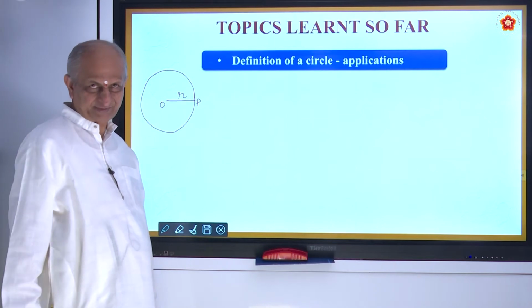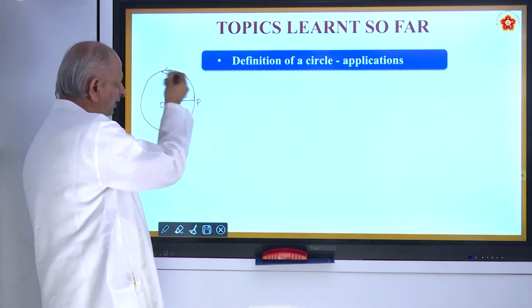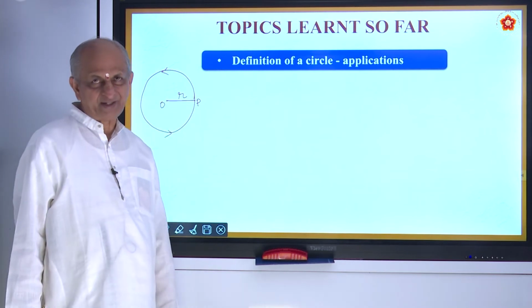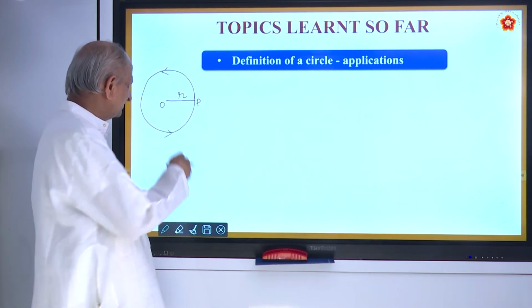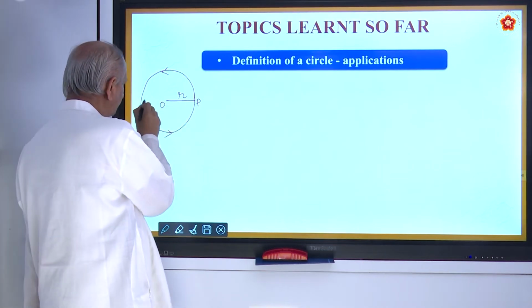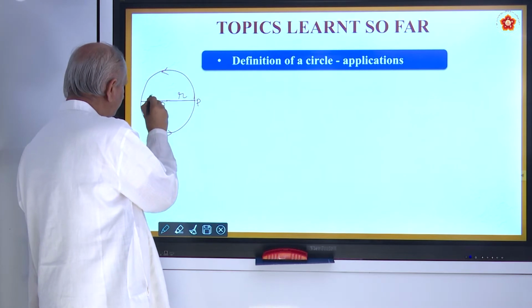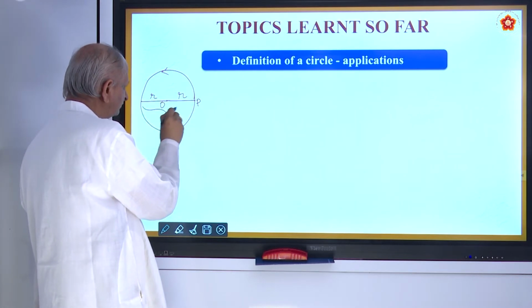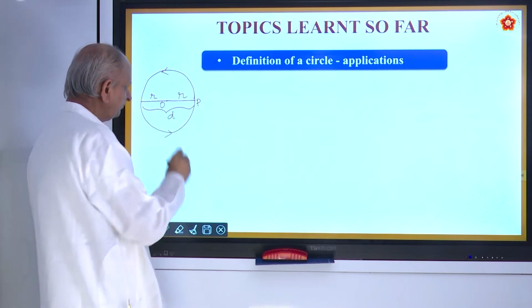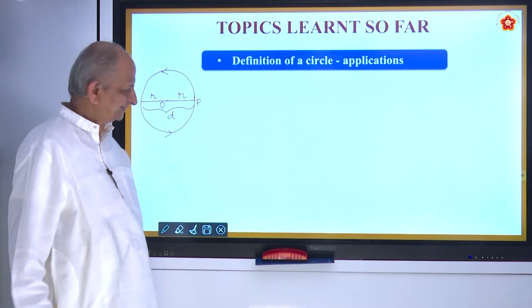Called radius. So this is a path. What do you call it? Circumference. This is called center. This is radius. Suppose you extend this radius this side, what do you get? Diameter. One diameter is equal to 2 radius.